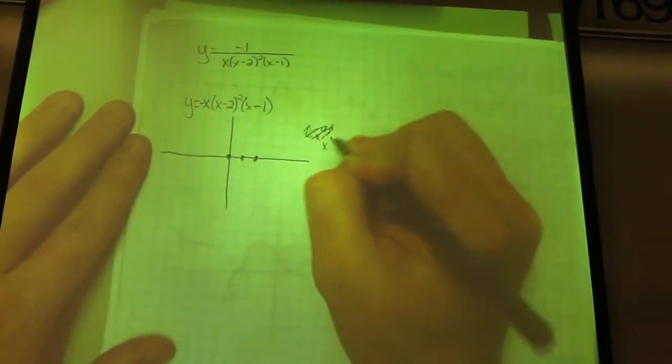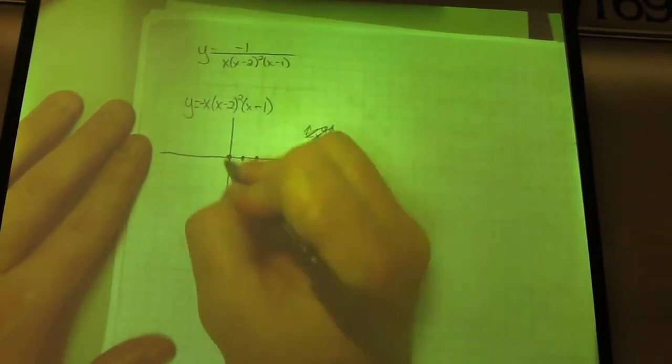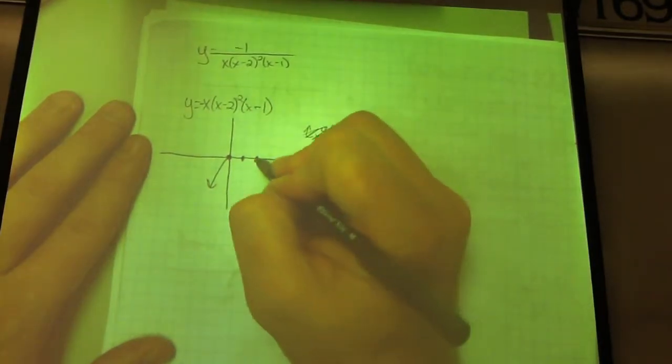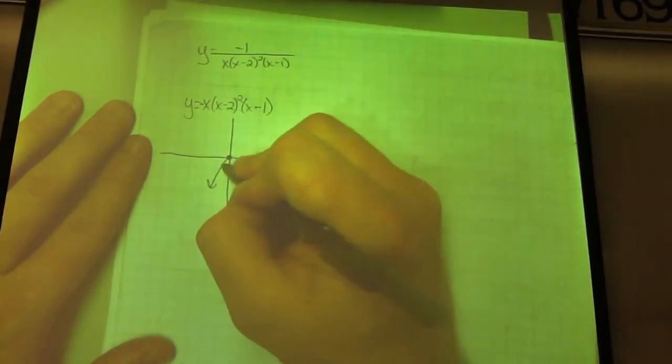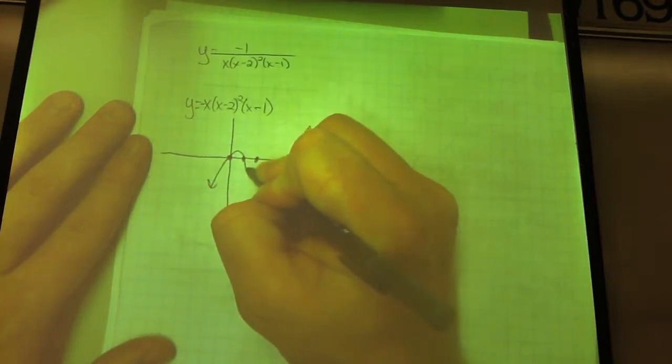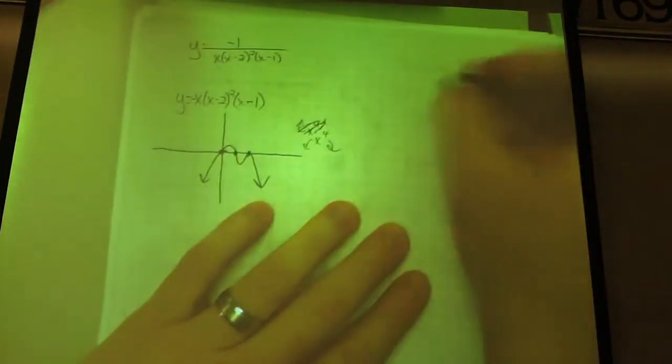So it's down, down. Which one does it bounce off of? 2. Yeah. So it's going to go up through there, down through there, bounce off, and back down. Y-intercept is already done. 0. So now I think we're ready to graph that one.